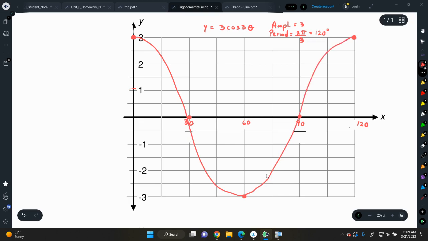It is important that you get the shape correct, right? If you make it too angular, it's going to look like an absolute value function. So it is important to get that shape correct. Questions on that one?